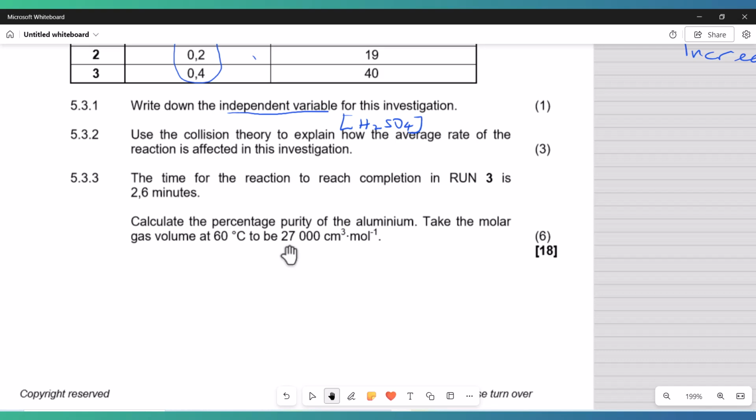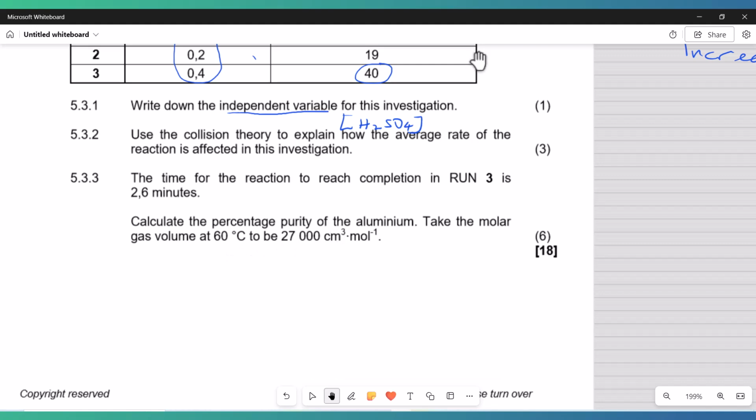So in this case, they gave us the time taken, and they're saying run 3. Because of run 3, it means we are going to use this 40 here in our calculations. So what do we know?